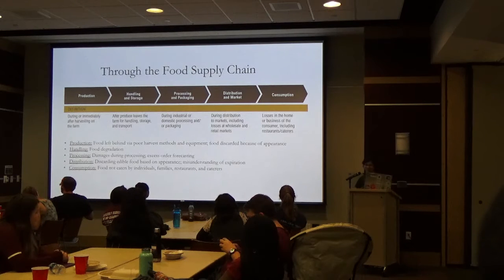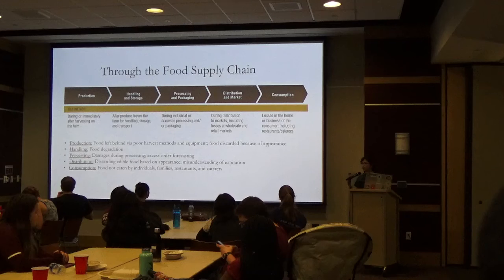And then as far as handling, it happens whenever the food is degraded by pests or fungus and disease. So that's why we have those herbicides in produce sometimes, to reduce the amount of waste that happens during that process, just handling the food.